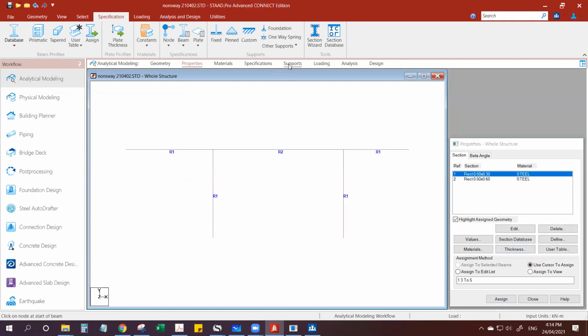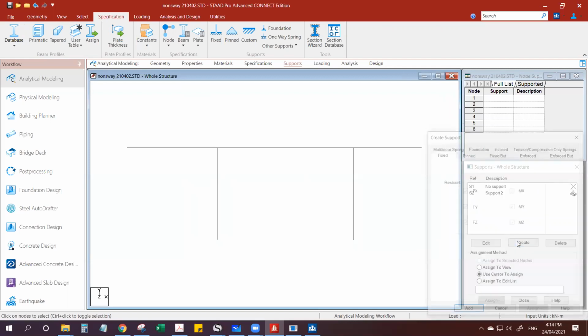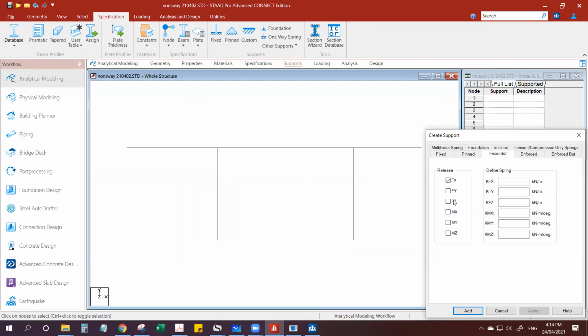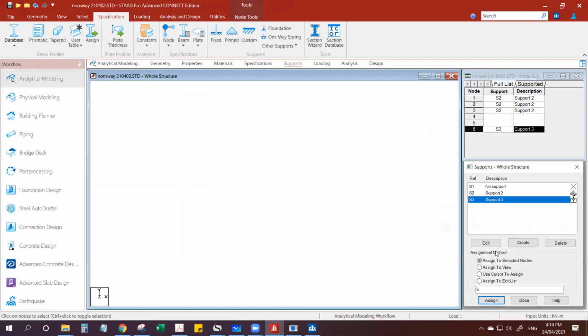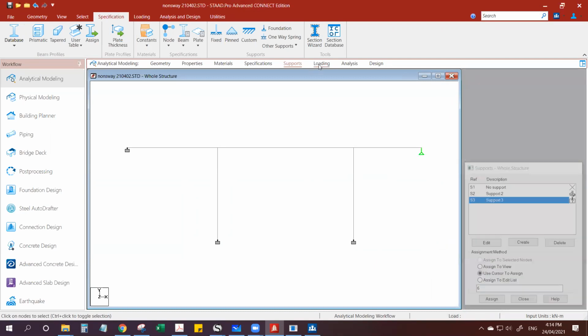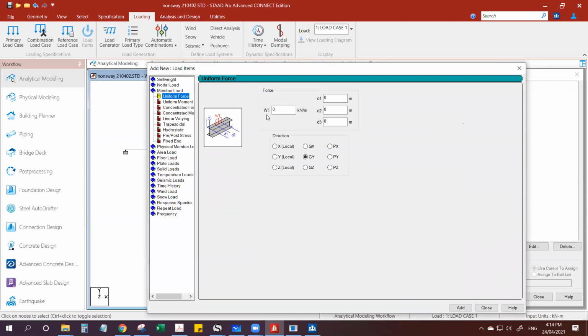Okay. Then supports, create fixed and fixed but. This one is fixed but. Next is loading. Add member load.